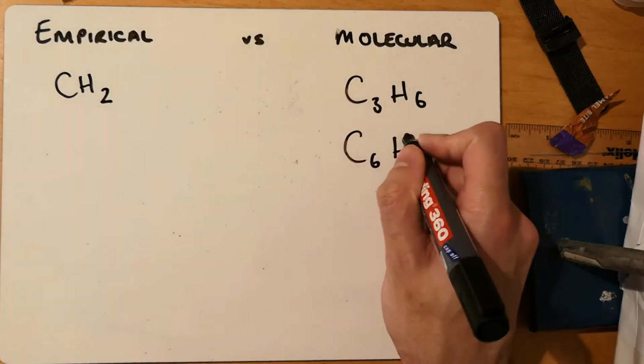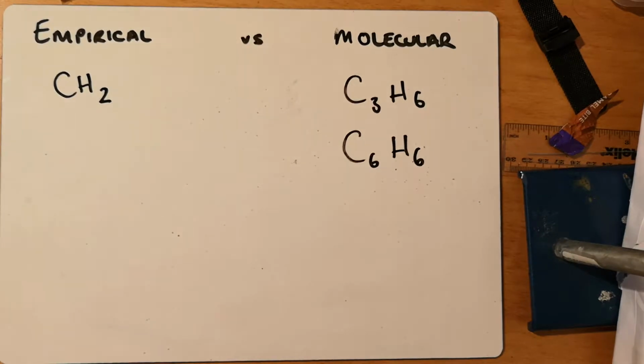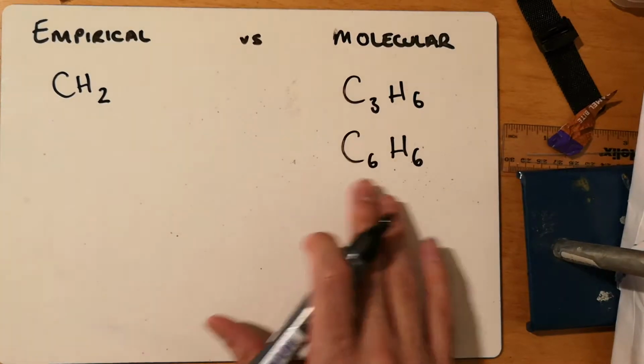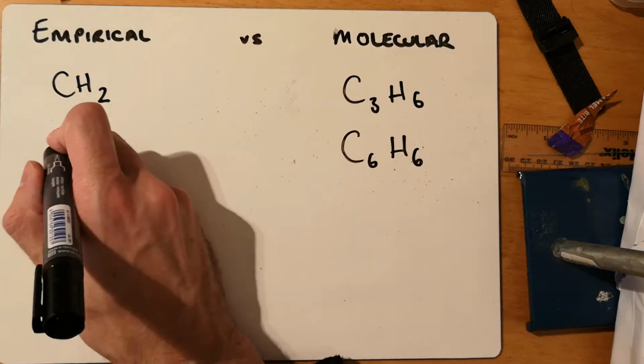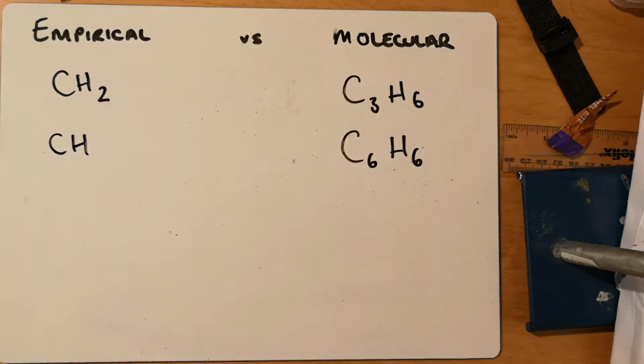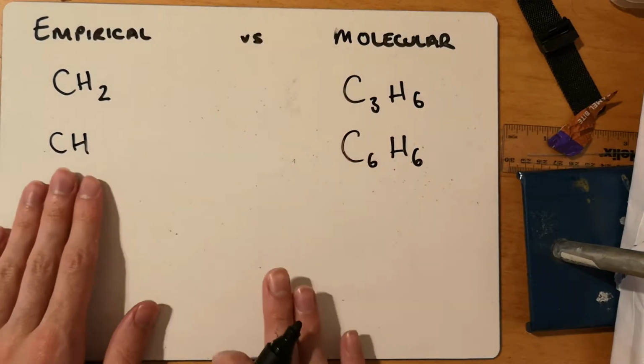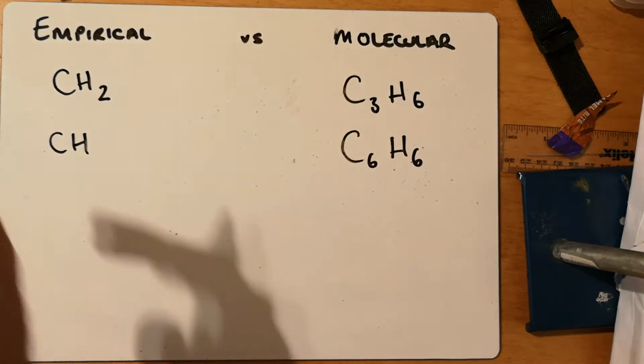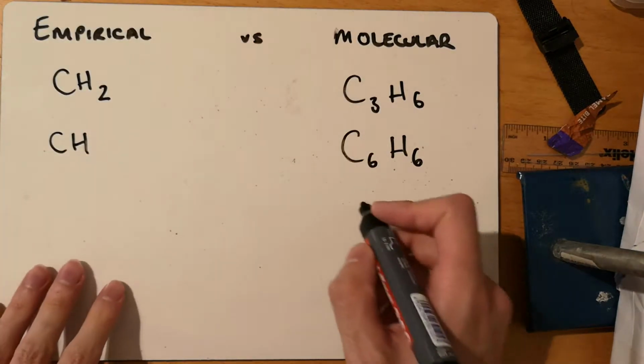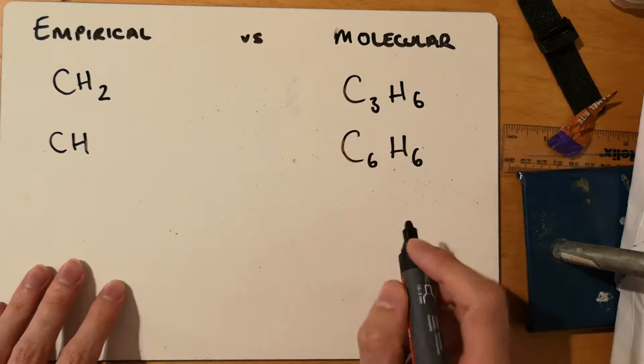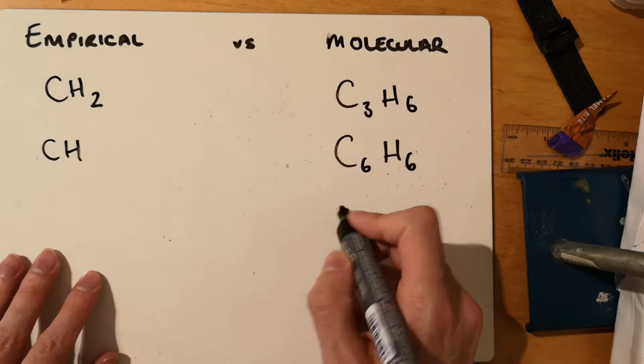If I have a molecule like C6H6, this will be its molecular formula. Its empirical formula here will be CH, because we're going to divide each one by 6, and we've got there the simplest expression of its atoms. We can also go a bit bigger than this.